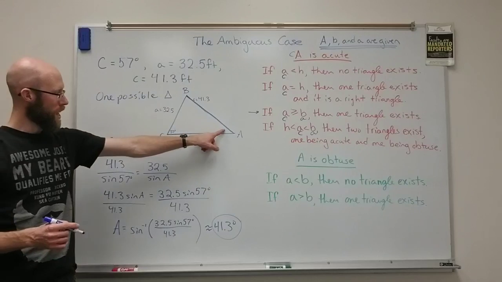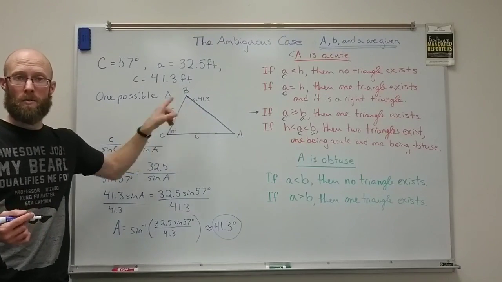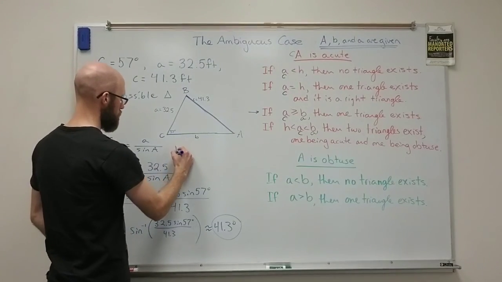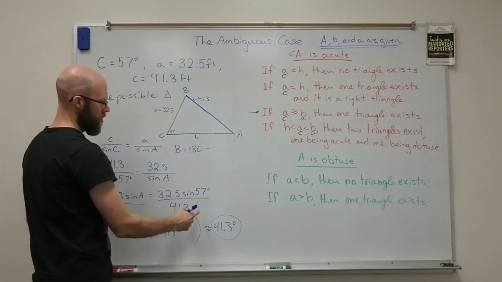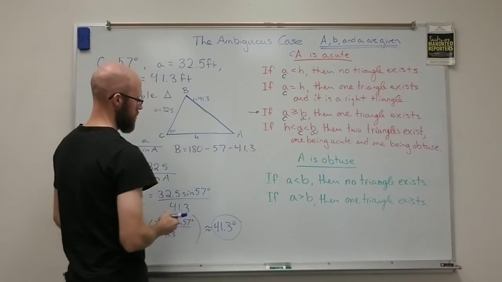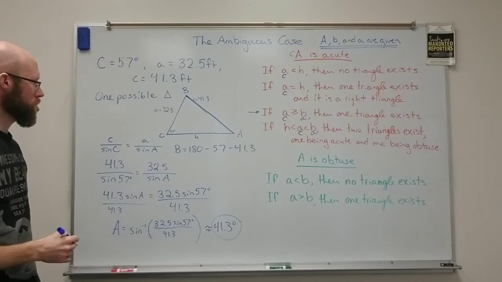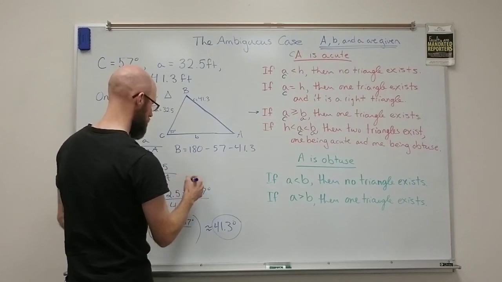Now, knowing that answer, I can also find a value for B by subtracting from 180. Right, so angle B is going to be 180 minus our 57, which is 123. Is that right? Yeah.